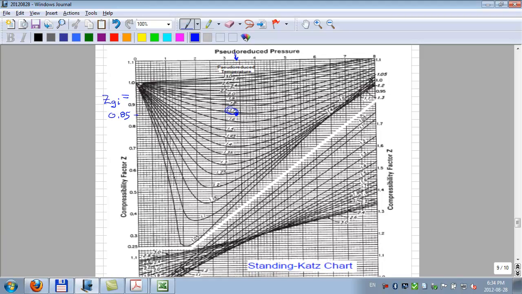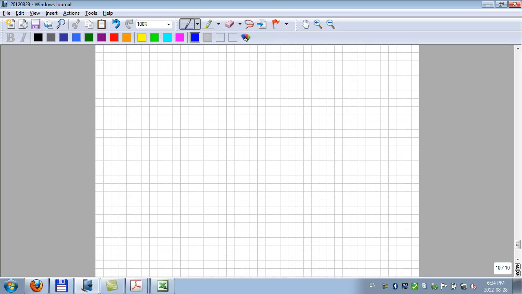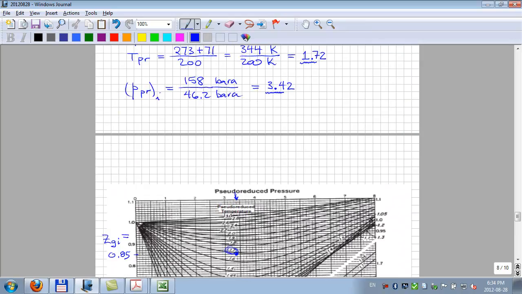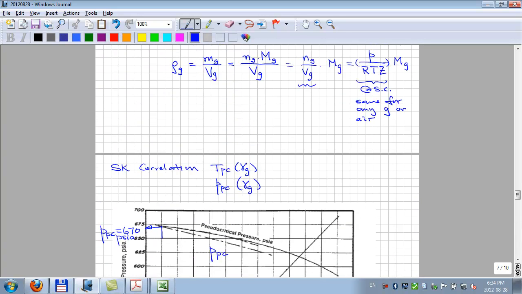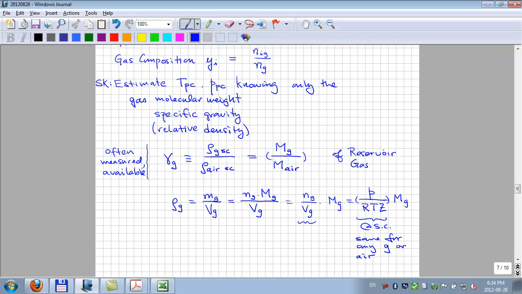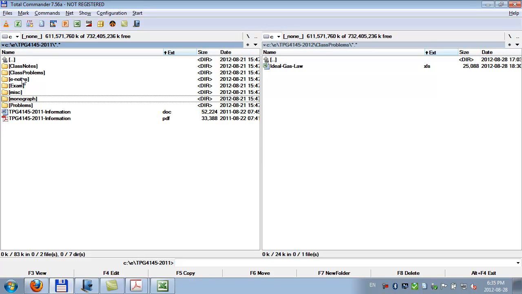Okay. I know this is old school, using charts and calculators and correlations. Any questions? That's 0.85.